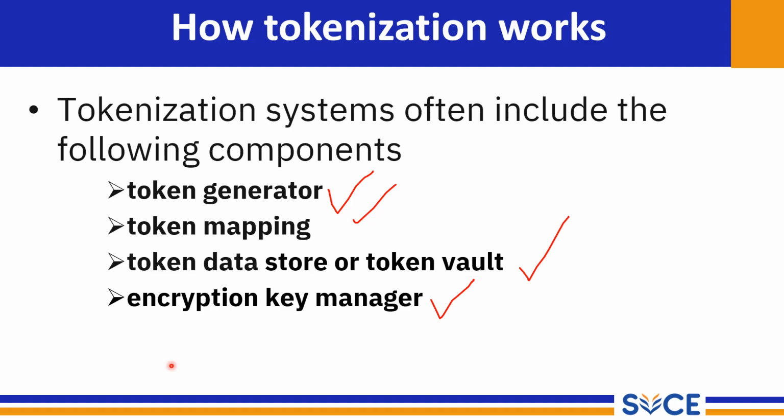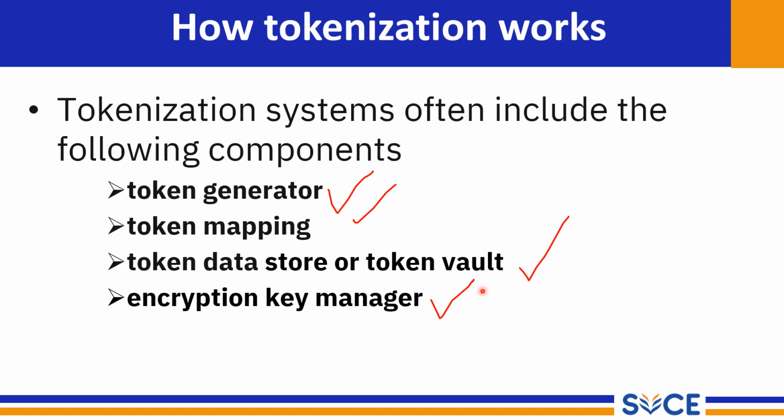The second one is token mapping. It is the process that assigns a newly created token value to the original value. A secure cross-reference database is created to track the association between the tokens and the real data. This database is kept in a secure data store so that only authorized users can access it. The third one is the token data store or token vault. It holds the original values and the related token values.